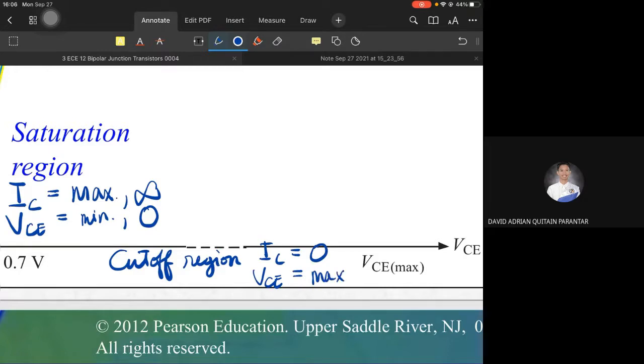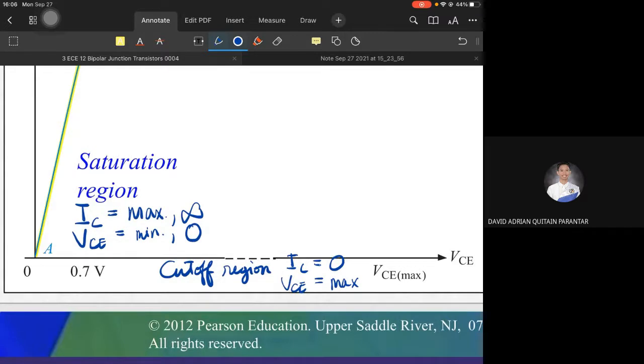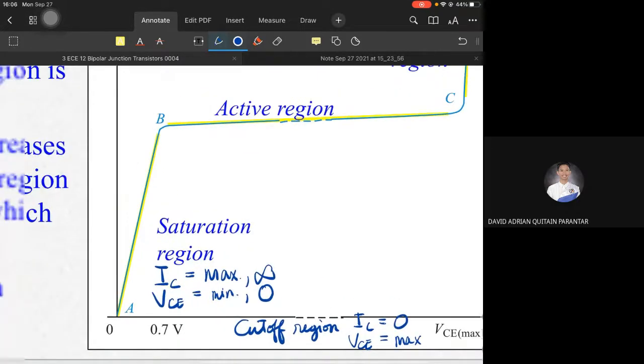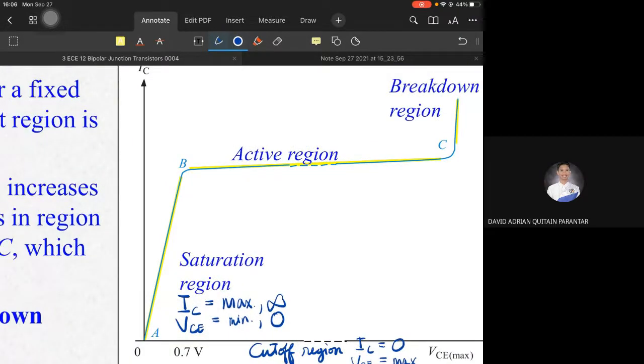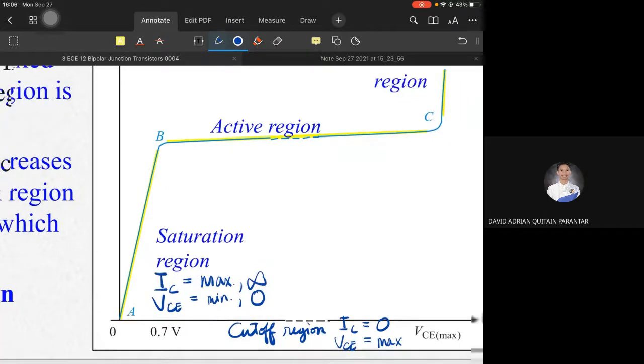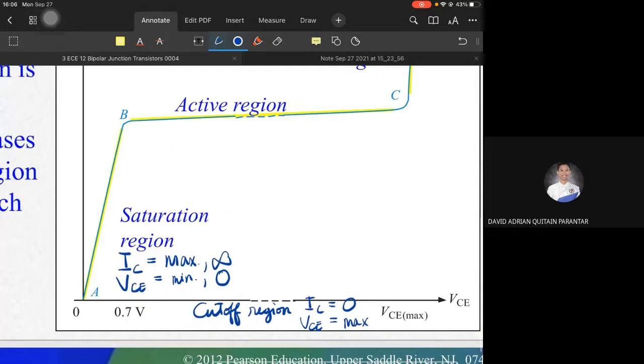Notice the cut-off region falls on the horizontal axis, where y is equal to 0, or IC is equal to 0, and VCE is maximum. The saturation region falls on the vertical y-axis, where x is 0, or VCE is 0, and IC is maximum. So the properties of both regions are easy to remember.